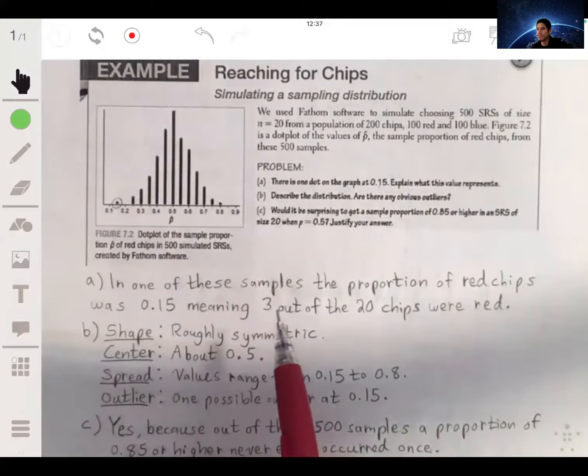For example, those sample p hats were going back and forth, above 0.5 to below 0.5, but eventually we could see that they centered at 0.5. They varied, but they were pretty much centering right at the true proportion. So we could say that the sample proportion p hat is an unbiased estimator.